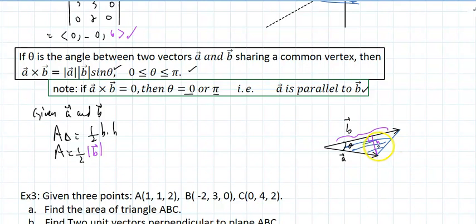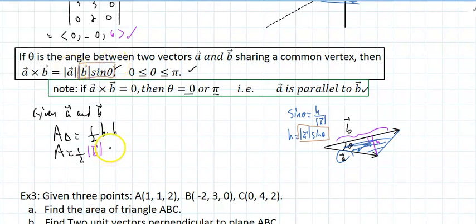To find the height, I would say, well, look, the sine of theta is the opposite over the hypotenuse. Or simply, the height is the magnitude of A times the sine of theta. And if I look closely, the magnitude of A times the sine of theta is right there.